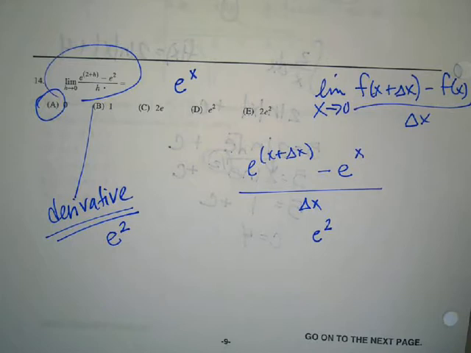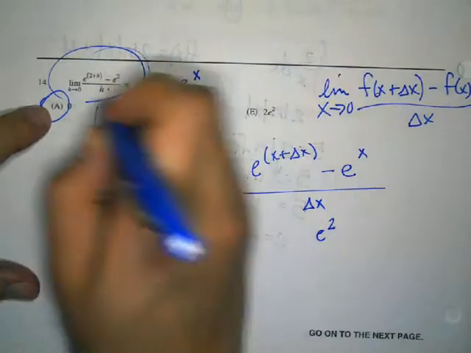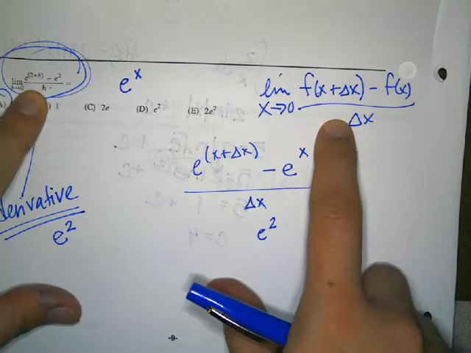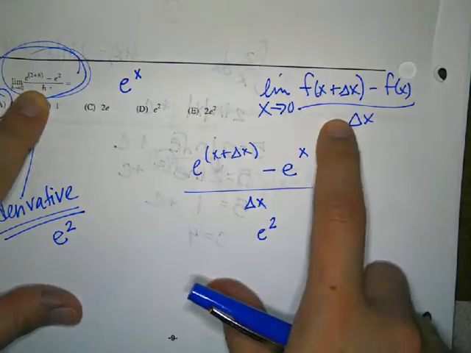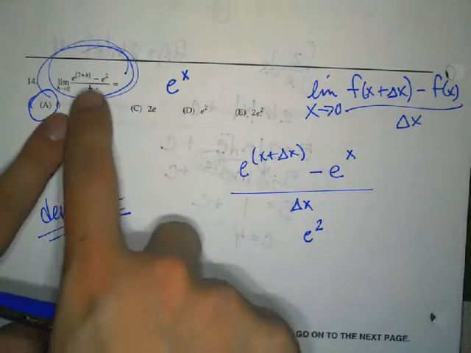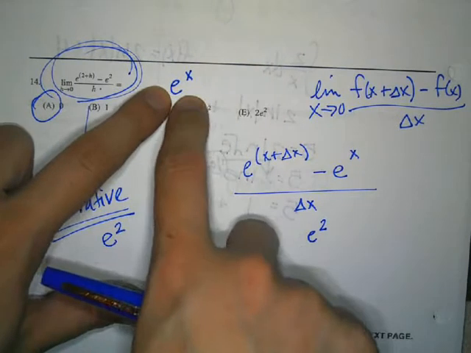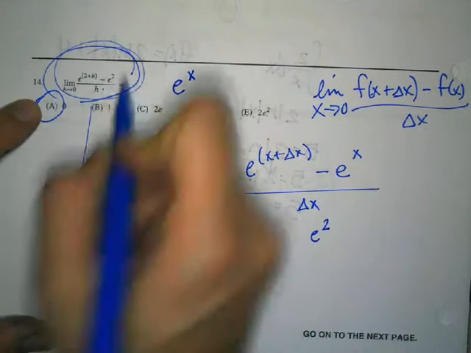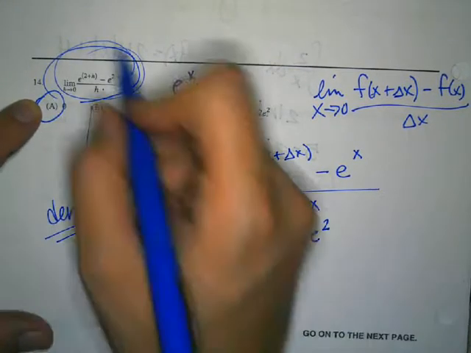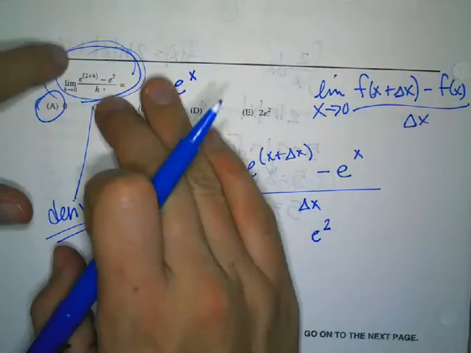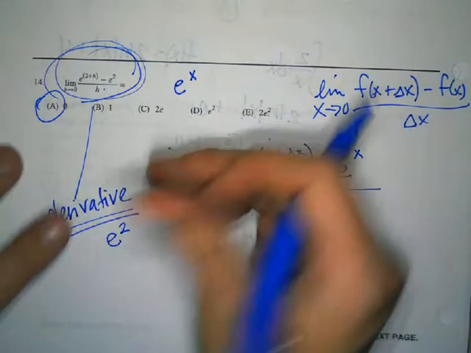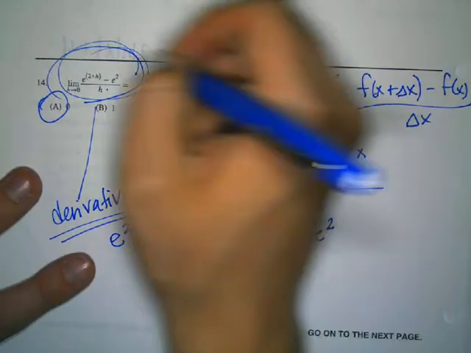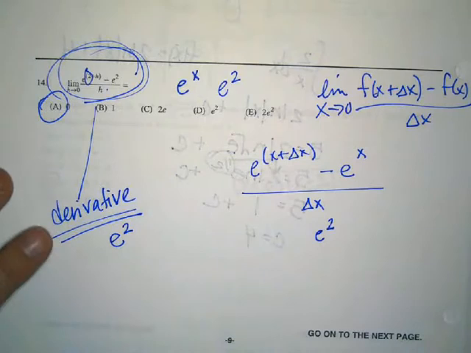But when you see something set up like this, where it might look like it's set up in the limit definition process, then they're just wanting you to look at the function and not plug 0 into all of this, because you can't simplify that at all. It's to recognize that this means find the derivative value of e squared in this case, because they tell you to plug in 2 for x. Right.